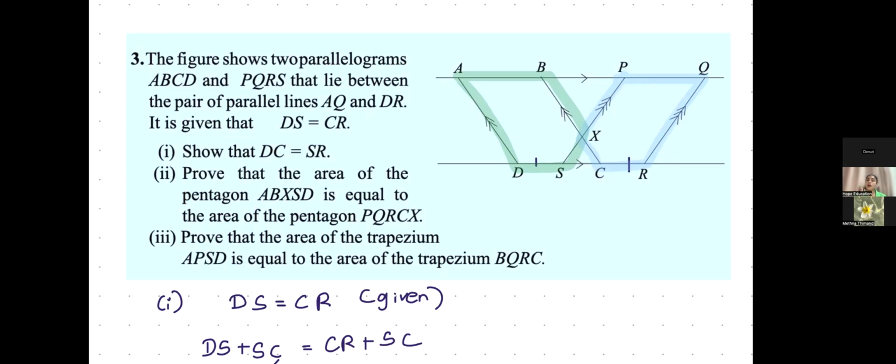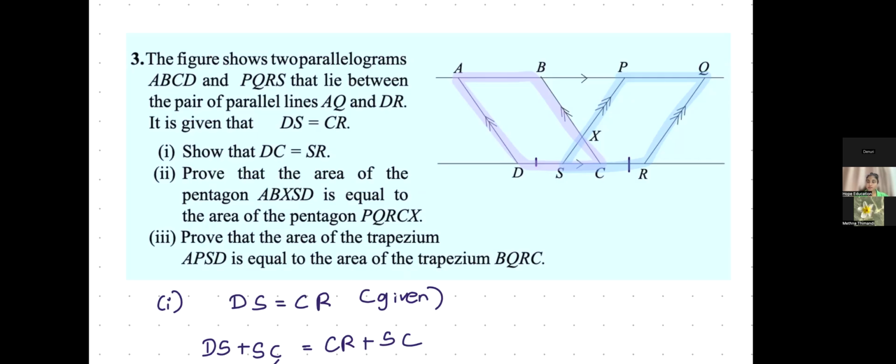Okay. හරි. මුලින්ම බලන්න, pentagons දෙක අමතක කරලා දාමු. Look at these two parallelograms. ABCD parallelogram එකයි PQRS parallelogram එකයි. Are they between the same pair of parallel lines?